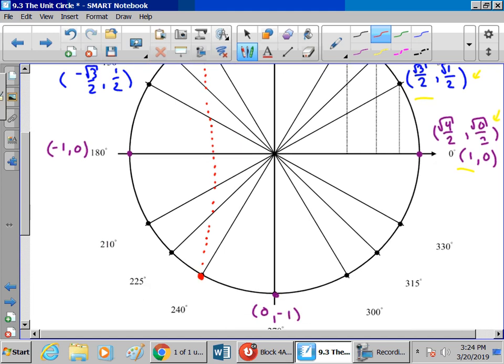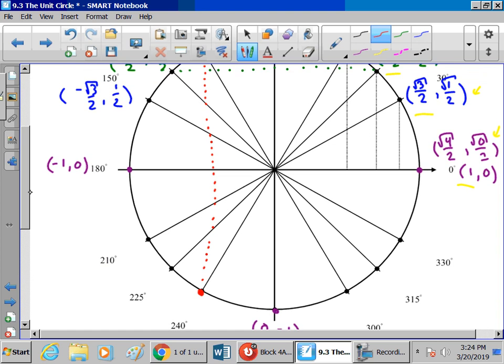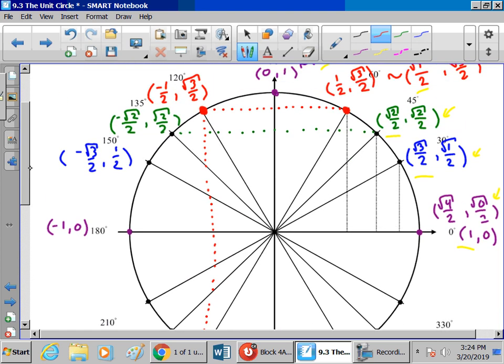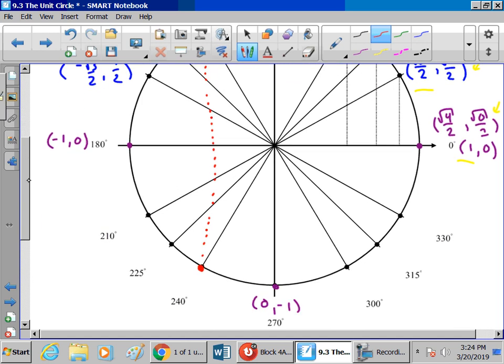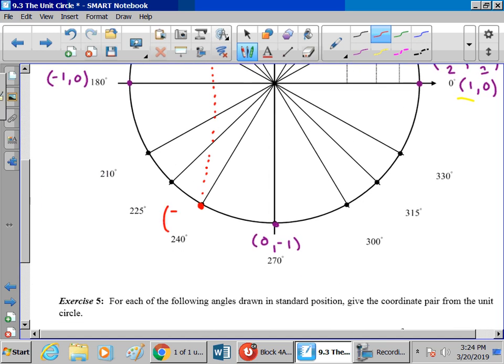Okay, a little bit bigger than our screen, which is unfortunate, but hey. All right, so we're keeping the x-coordinate the same, and now we're switching the sign on our y-coordinate. So this thing is going to be negative 1/2, negative rad 3 over 2. Right?